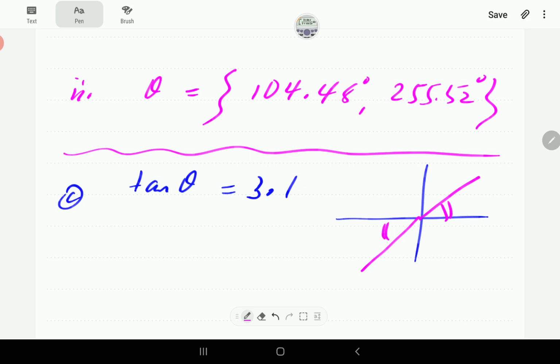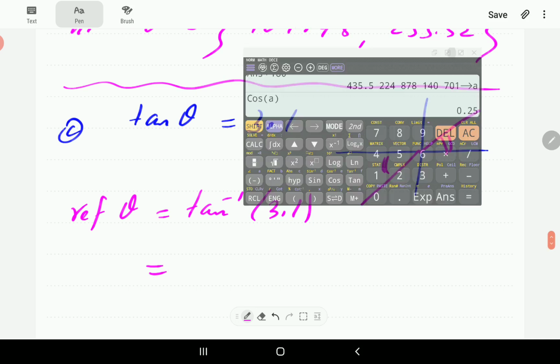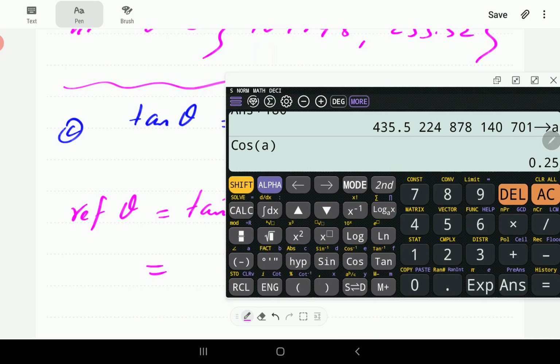Now, if you remember your geometry, if those are equal, it means this is a straight line. So that means the solutions are going to lie in a straight line. So again, we find ref theta by doing inverse tangent 3.1. That gives us 72.12.